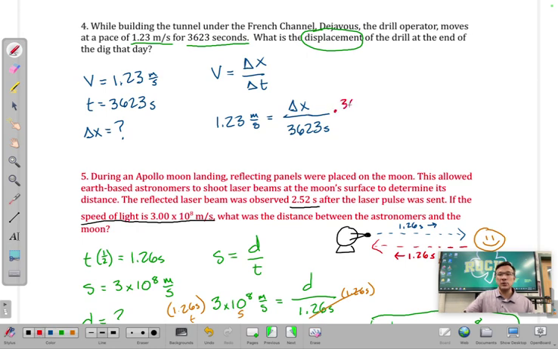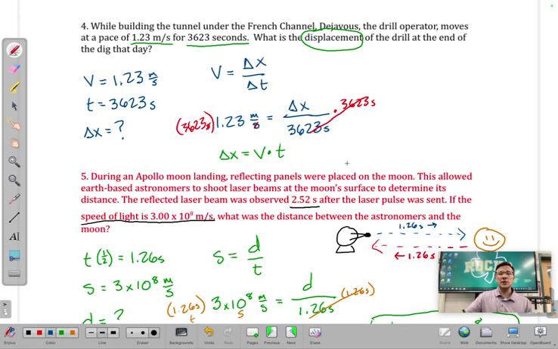So we can see here that we are going to need to multiply by 3,623 seconds on this side and 3,623 seconds on this side. So these will cancel here, and then this second and this second cancel. So we're going to end up with units of meters here, and ultimately this equation ends up being delta x is equal to v times t, right?